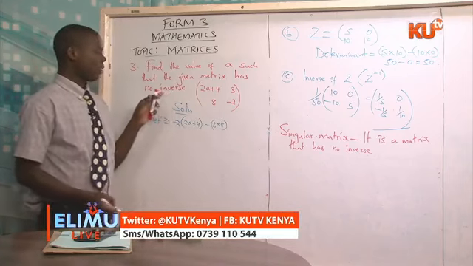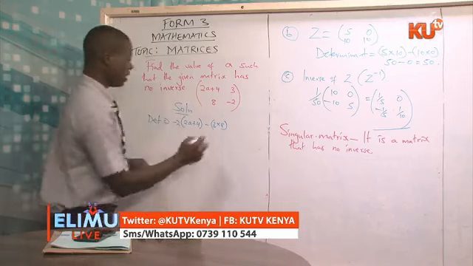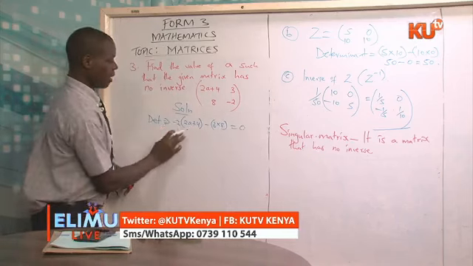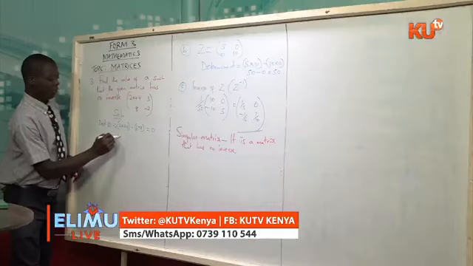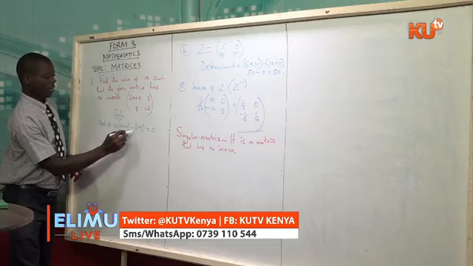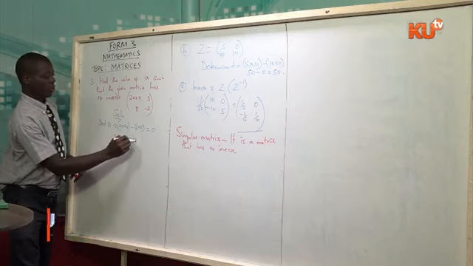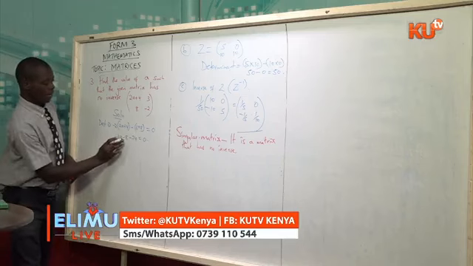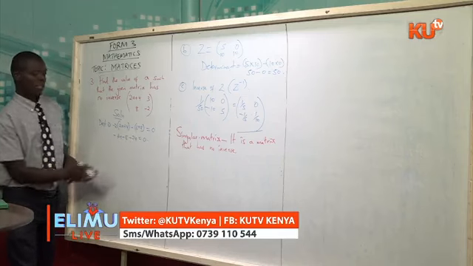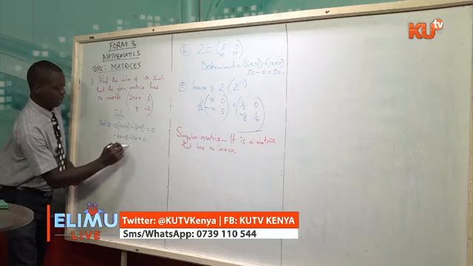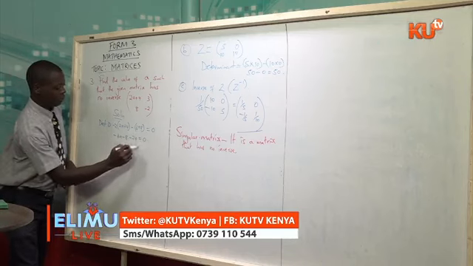And because this matrix has no inverse, this determinant will be equal to 0. So we expand: negative 4a, negative 8, minus 24 is equal to 0. Minus 8 minus 24 is minus 32. Therefore, minus 4a minus 32 is 0.